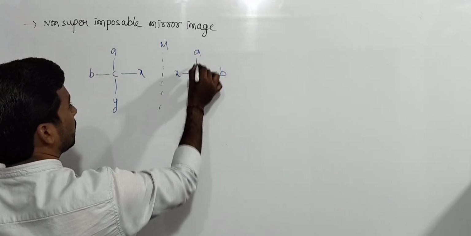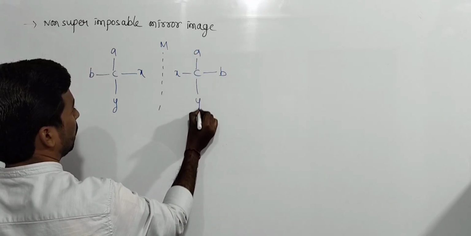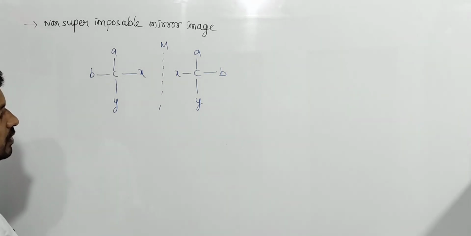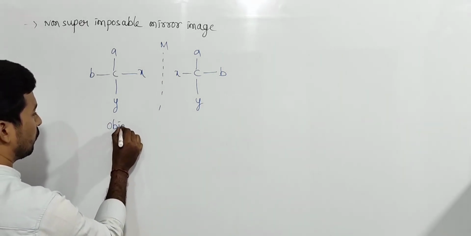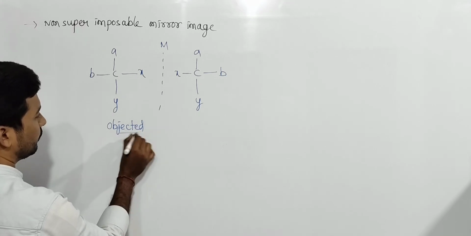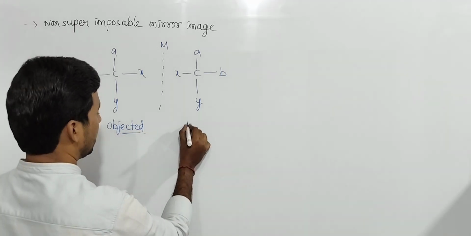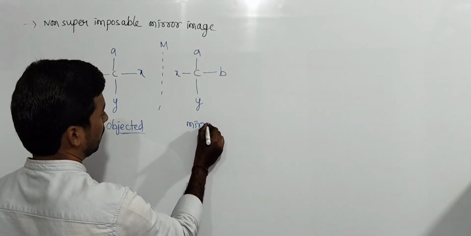In a mirror, top is top, bottom is bottom. Okay, so this is the object. This is the mirror image.